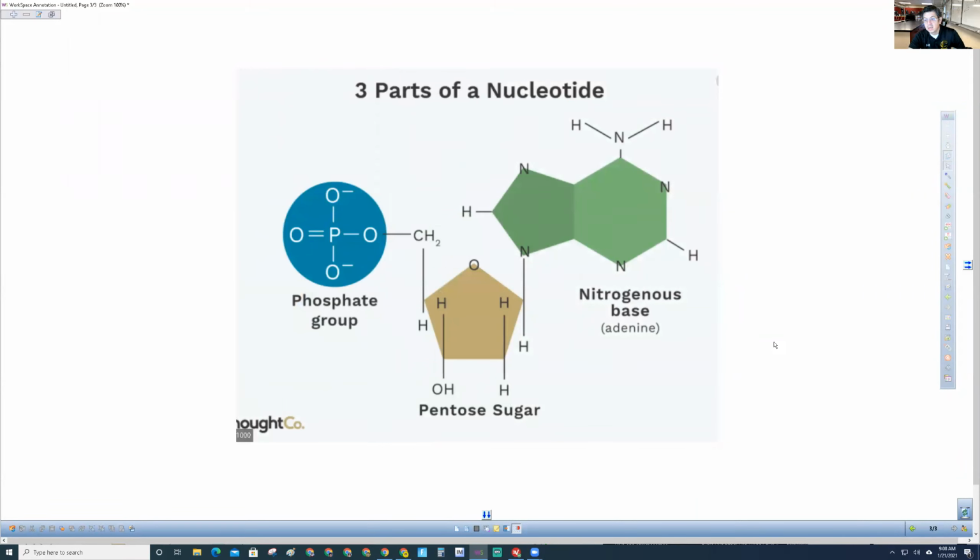Here's the nucleotide. How many nucleotides are in this picture? Anthony, how many nucleotides are in this picture? Four. No, no. There's only one nucleotide because every nucleotide has how many parts? 3, exactly.